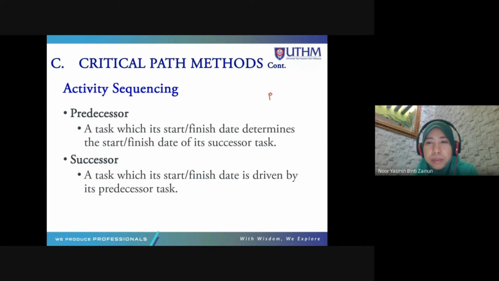For example, for activity B, the predecessor is activity A. The start and finish date of activity A will determine the start or finish date of activity B. So A is the predecessor for B. The successor is the activity after: a task whose start or finish date is driven by the predecessor task. So B is the successor for A.